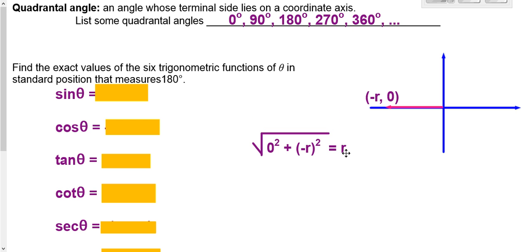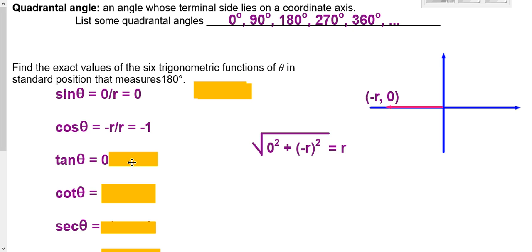When we do that, we get your positive r. Sine then is the y value over r, and 0 over r is 0. Cosine is your x coordinate, which is negative r over r, and we get negative 1. Tangent is the y value over the x value, and 0 divided by anything is 0.